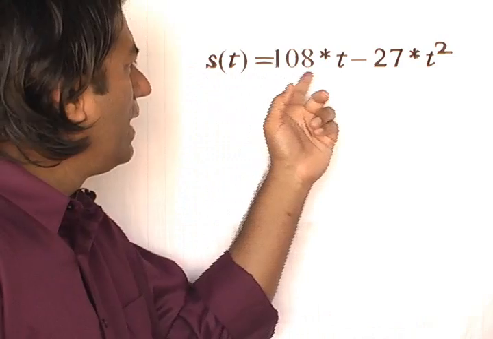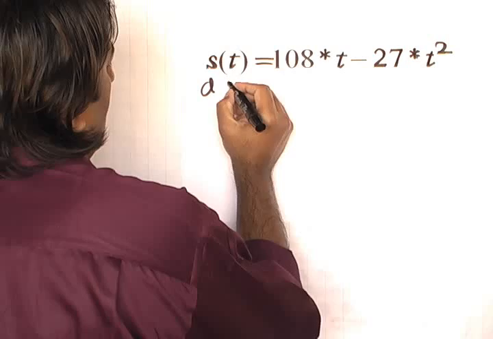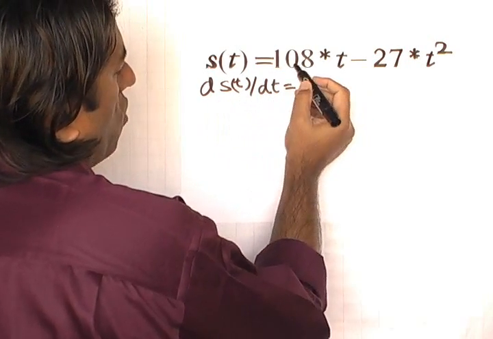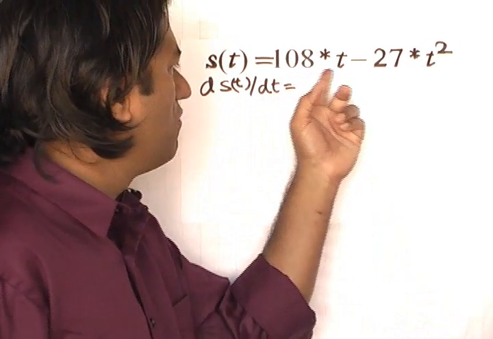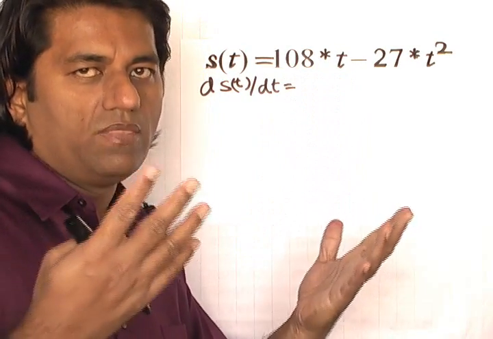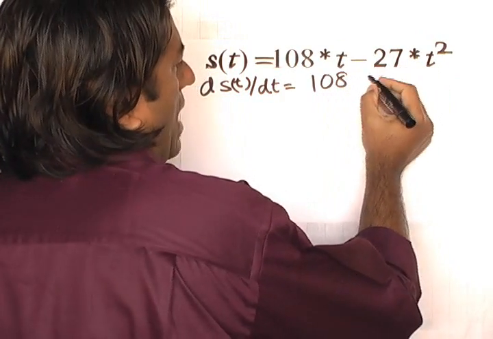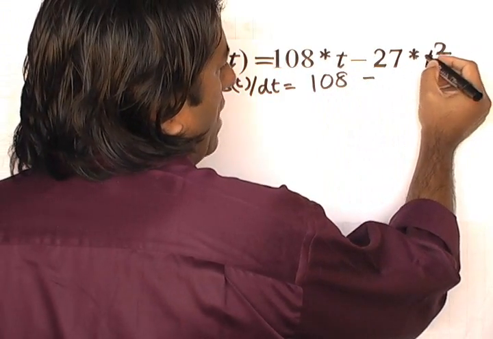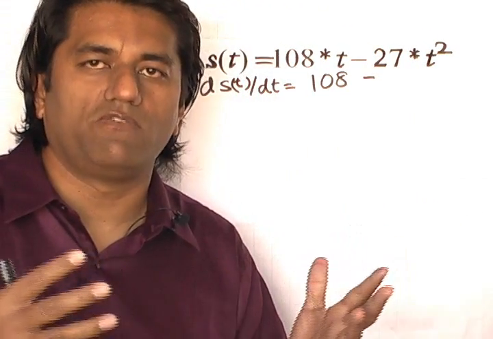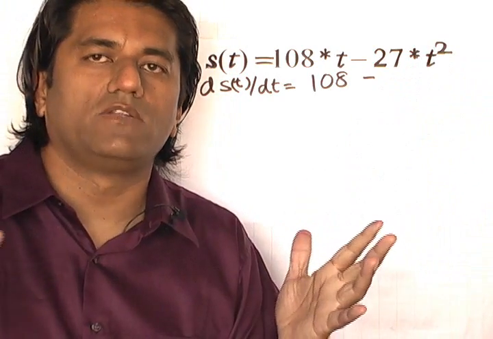Now if I take the derivative of this, it will be ds(t) by dt. So that will be first the derivative of 108 times t, and the derivative of t is just 1. So this is just going to be 108 minus 27 times t squared. And as we did in our finding derivative by first principles, we know that the derivative of t squared is 2t.